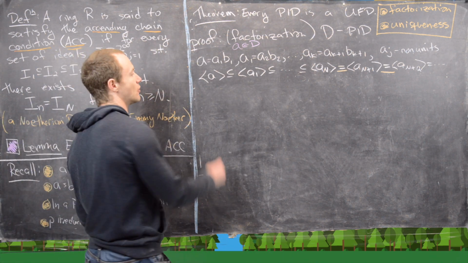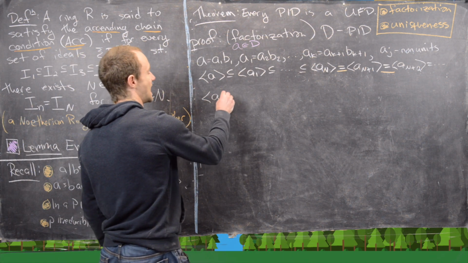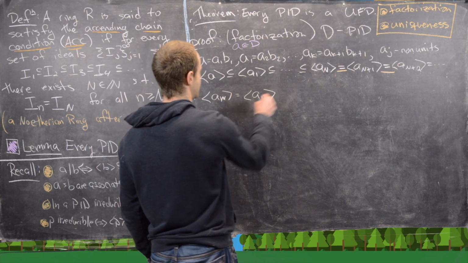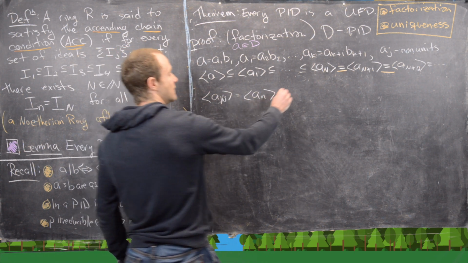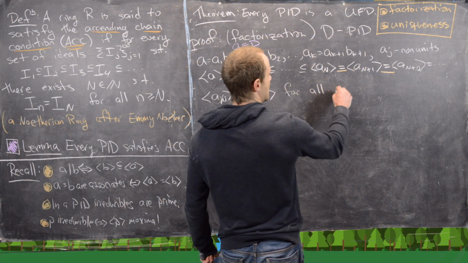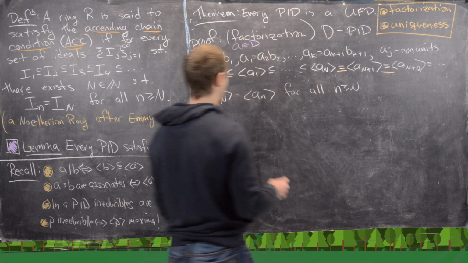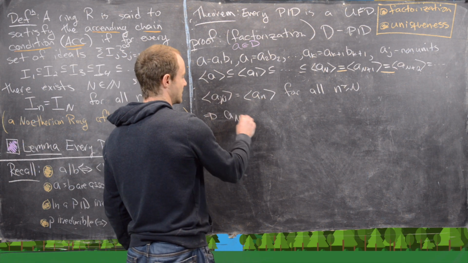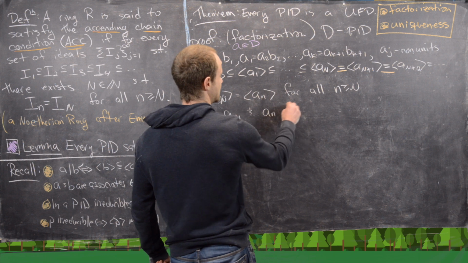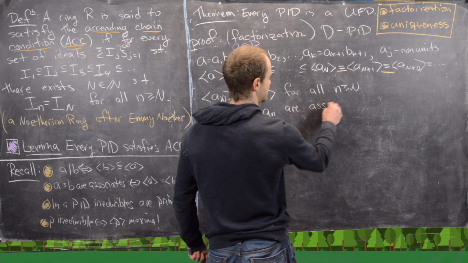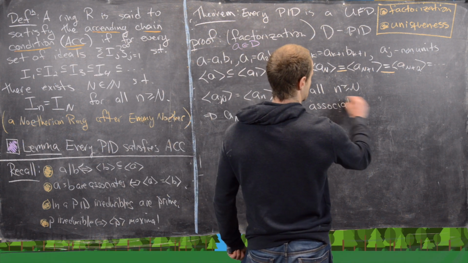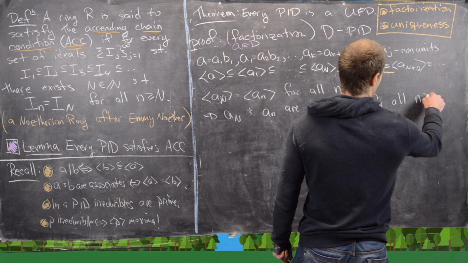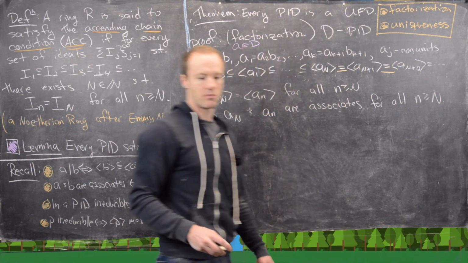But now, in general, what this tells us is that the ideal generated by capital AN is equal to the ideal generated by little an for all little n bigger than or equal to capital N. But in terms of elements, that means that capital AN and little an are associates for all n bigger than or equal to capital N.